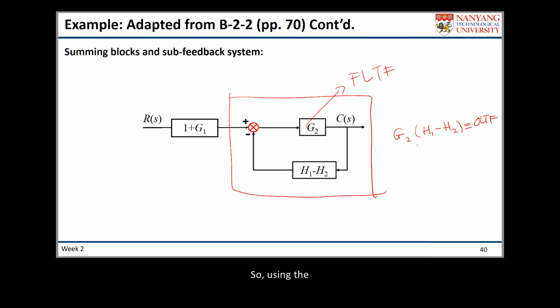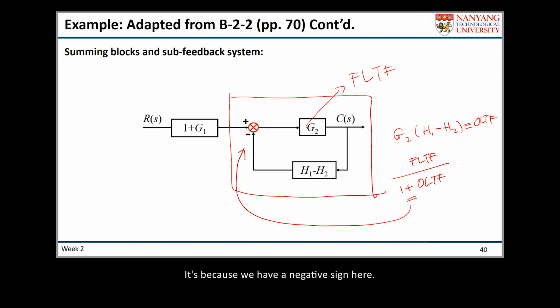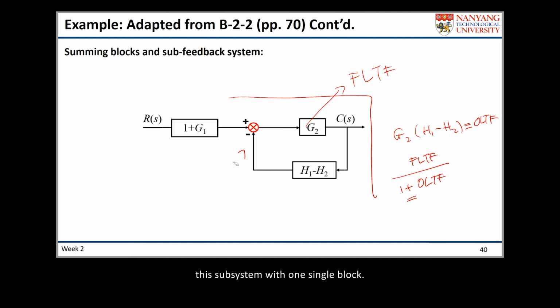So using the formula that we discussed in the previous subtopic, the equivalent transfer function of this subsystem will be equal to the forward loop transfer function divided by 1 plus the open loop transfer function. Again, why is it positive? It's because we have a negative sign here. We can replace this subsystem with one single block.